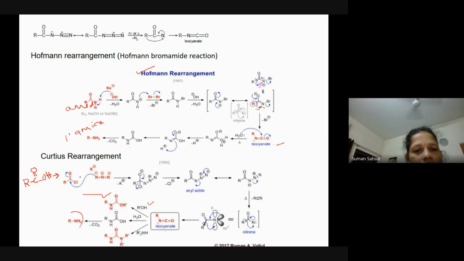So Curtius rearrangement, first the acyl halide, this is a kind of nucleophilic addition elimination reaction. Chloride will be eliminated, so you get your acyl azide. This acyl azide again undergoes bond breaking, and the nitrogen group will be eliminated to give you your nitrene intermediate. This nitrene intermediate undergoes immediate rearrangement by a 1,2 alkyl shift.